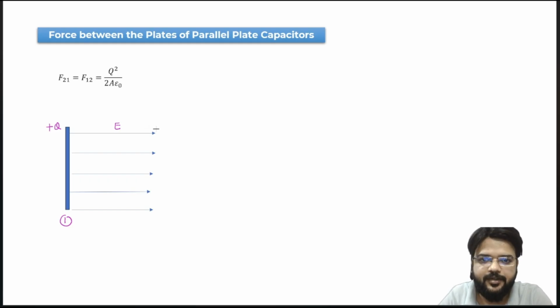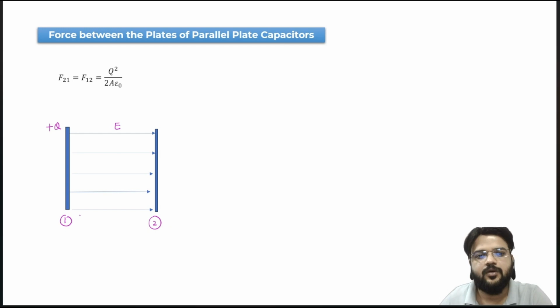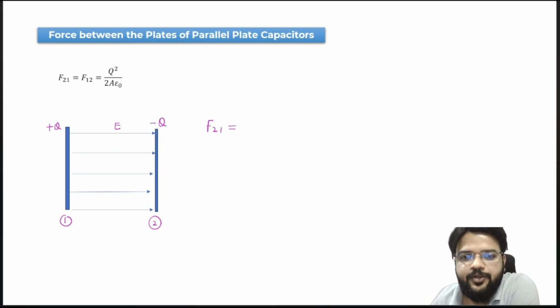So the second plate is present in this electric field, correct? So the force on the second plate due to the first is F21. On the second plate we have negative charge, correct? And on the first plate we have plus charge. So the force on the second plate due to the first can be written as the charge present on the second plate times the electric field created by the first plate.